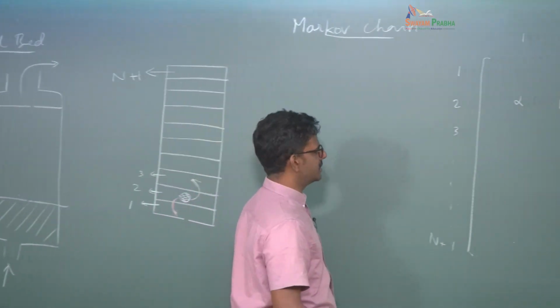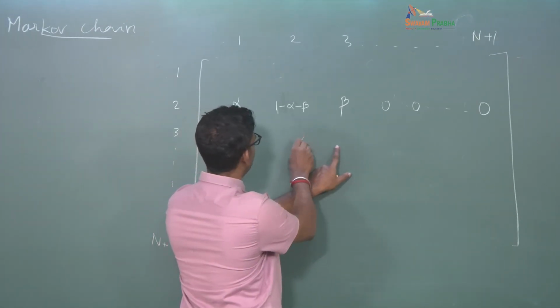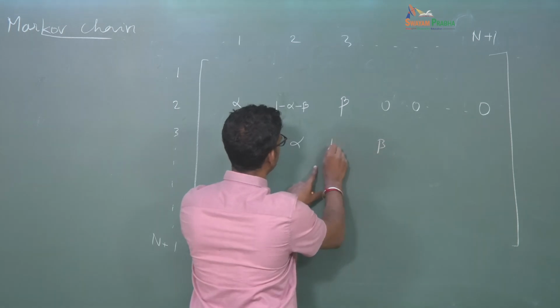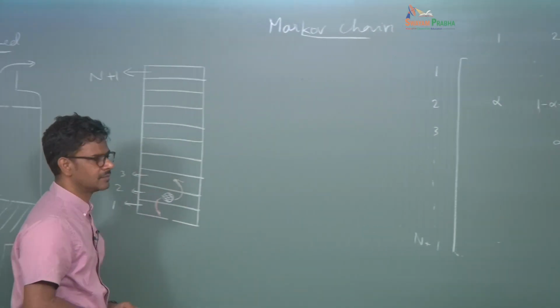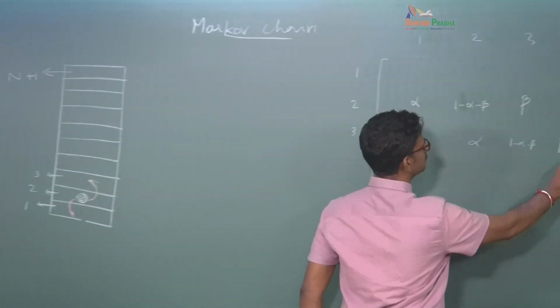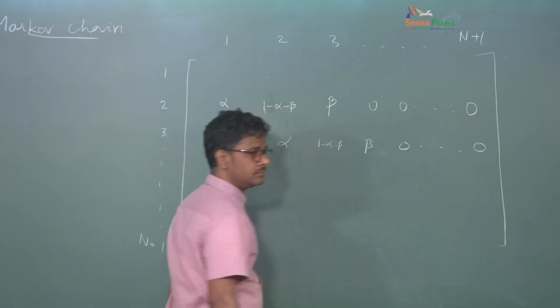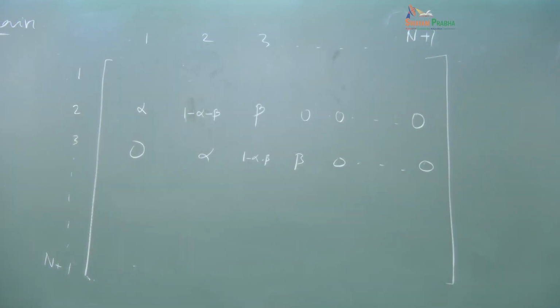In this case you have alpha here, beta here, 1 minus alpha minus beta, and everything else is going to be 0. So you can see it's nothing but an asymmetric random walk over the cells.